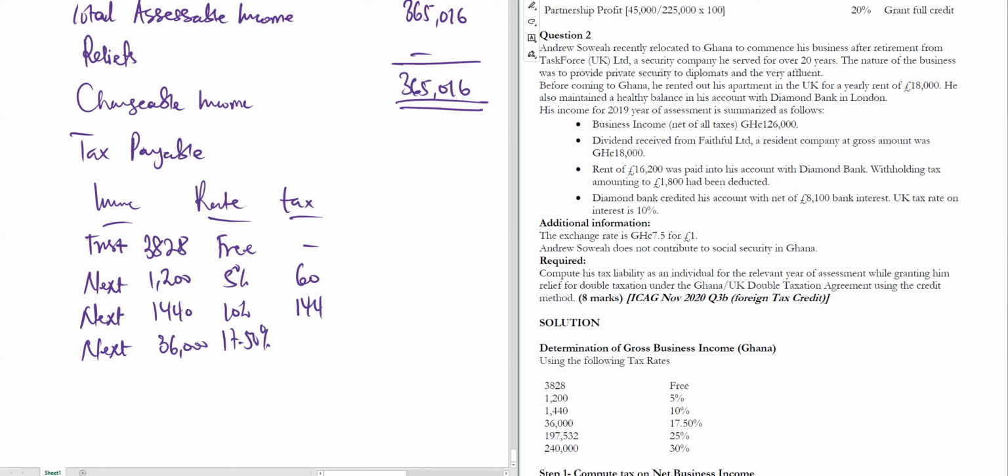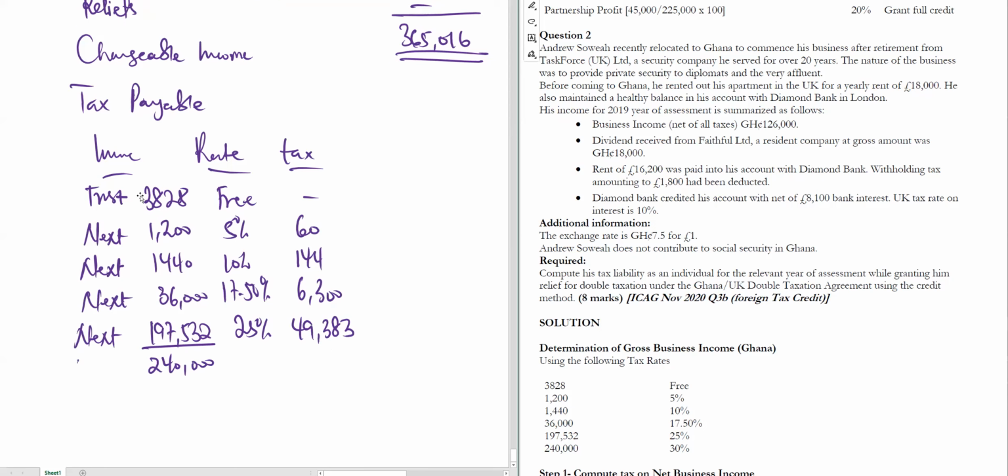That gave us how much? 6,300. Then you have the next 197,519 at 25%. That gives us how much? 49,383. Okay. Then all this sums up to 240,000.